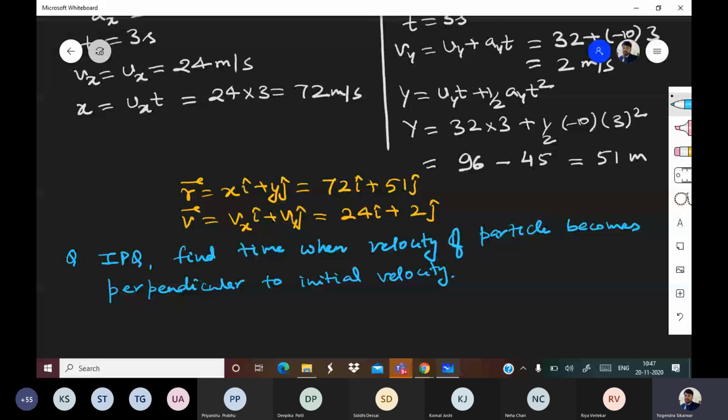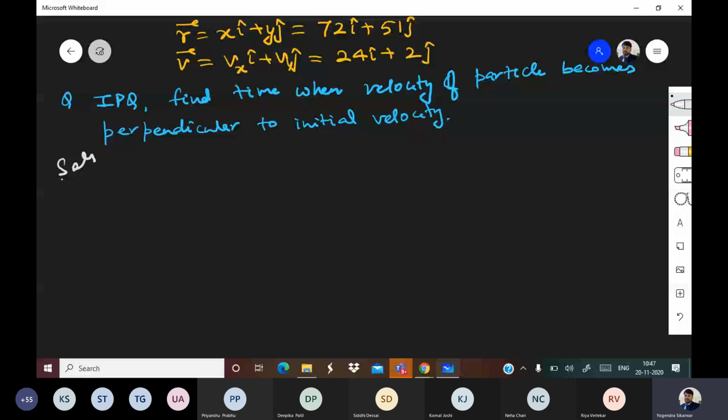Okay, everyone, please pay attention. I am going to solve this question in general form, and then we can put value of u and theta in the question to get the actual answer. Okay, try to understand what is happening.